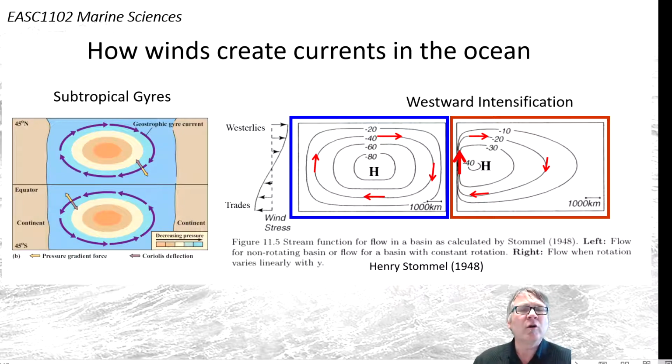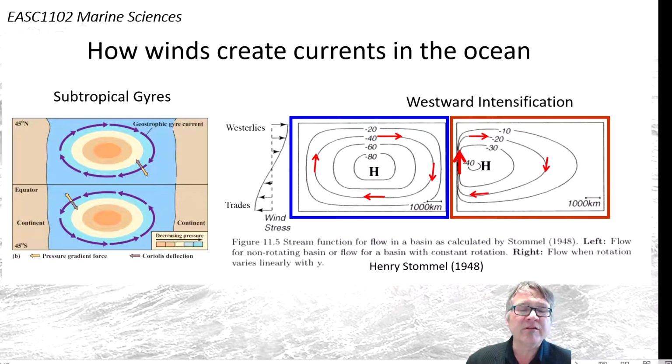It's something that we call westward intensification. And on the real Earth, we actually get not symmetrical gyres. We actually get stronger currents on the western side of these gyres. It's called westward intensification, and that's illustrated here.